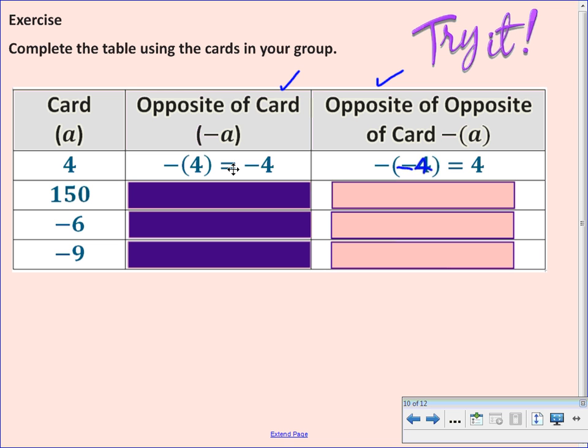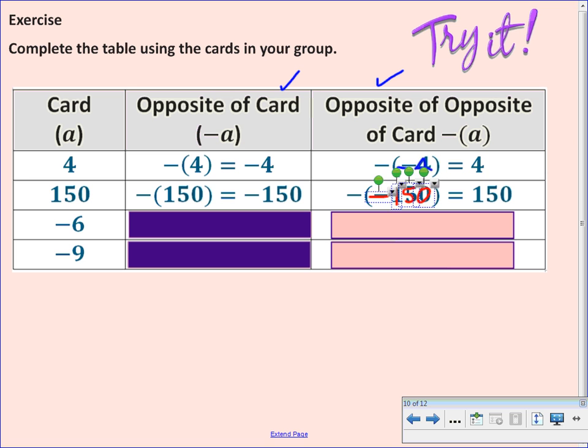So for 150, you would write it as the opposite of 150, which equals negative 150. So now you're going to take that negative 150, and we want to find the opposite of that. So the opposite of negative 150 equals positive 150. So do you see why you need those parentheses there, so you can tell the difference between the opposite or if it's a negative? So now for number 6, we want to find the opposite of negative 6.